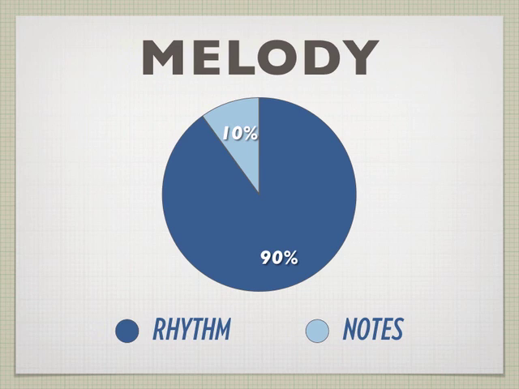So you only have a certain number of combinations that you can create out of notes. But rhythm is infinite. There's infinite numbers of space and time and numbers of strikes that you can add to a rhythm.